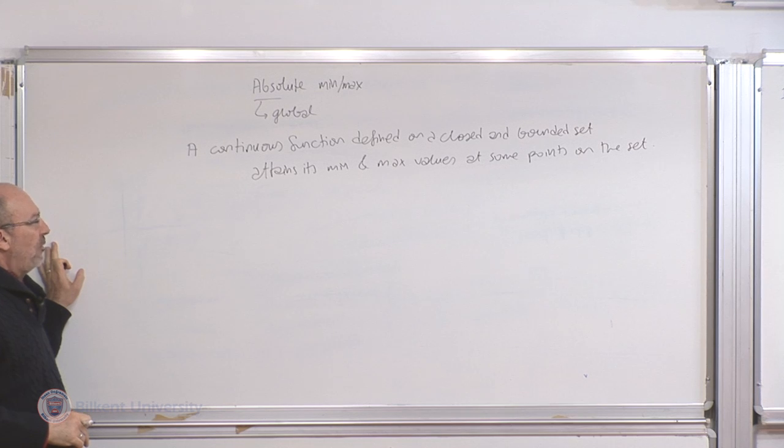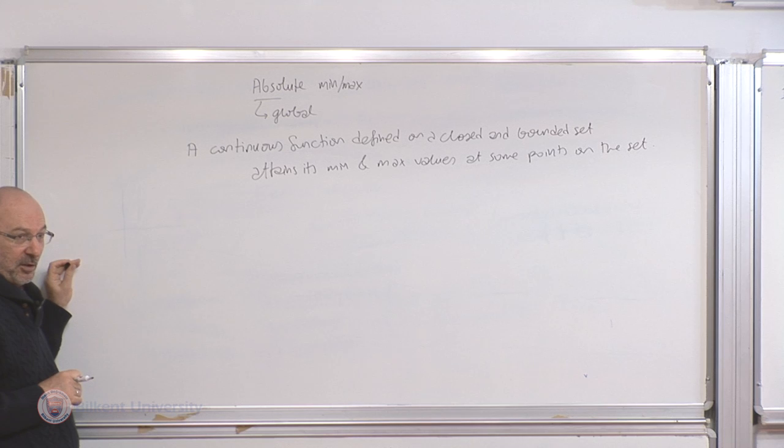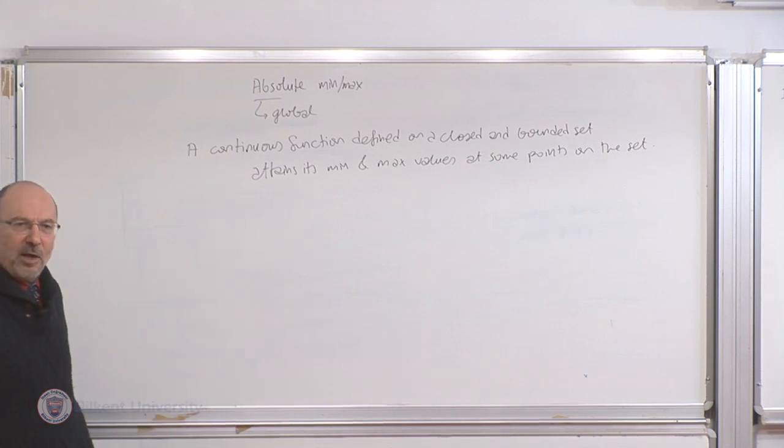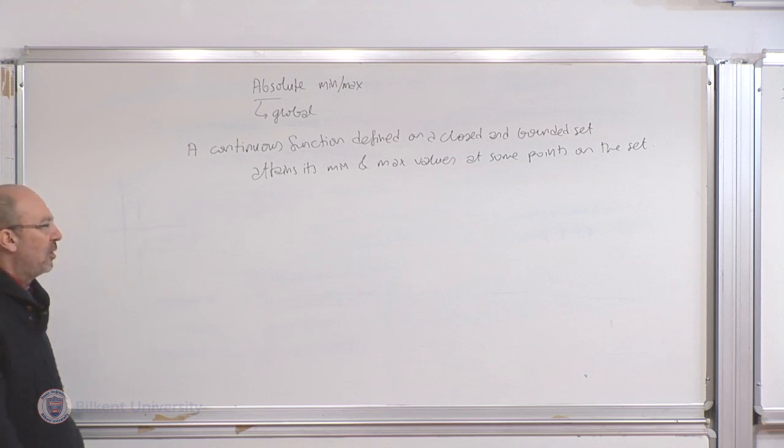Now, if a continuous function is given on a closed and bounded set, we know its minimum and maximum exist. How do we find them? In general, if the function is continuous but has no derivatives anywhere, such functions exist, then the only way to find its minima and maxima is by approximating and plotting the function, trying to guess where the minima and maxima occur, and getting numerical approximations.